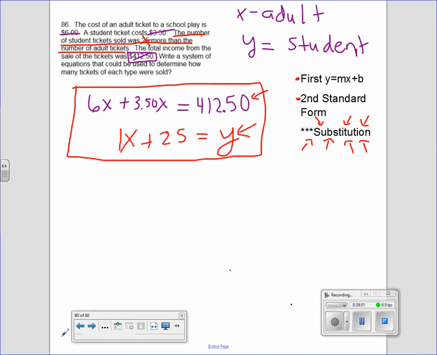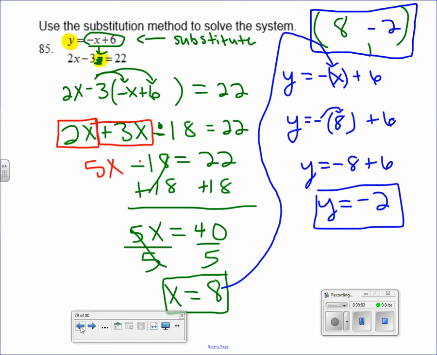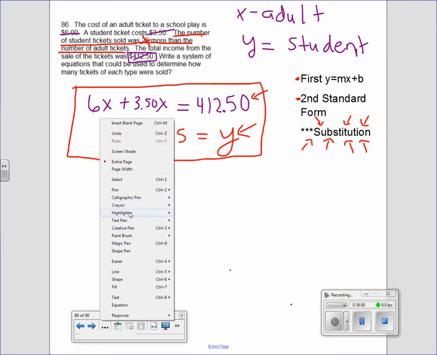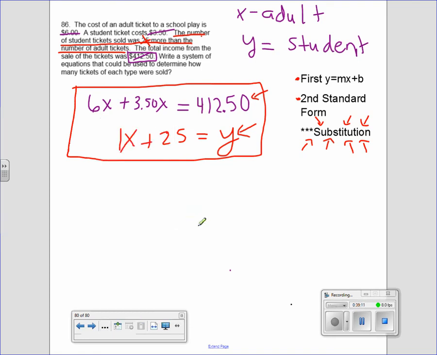Pulling out my highlighter, we are going to work this the same way that we worked number 85, which was also substitution. I look for the letter that's all by itself in one of the equations, nothing else on that side of the equal sign except for that one letter. I notice that it's this y, so I'm going to highlight it or circle it.